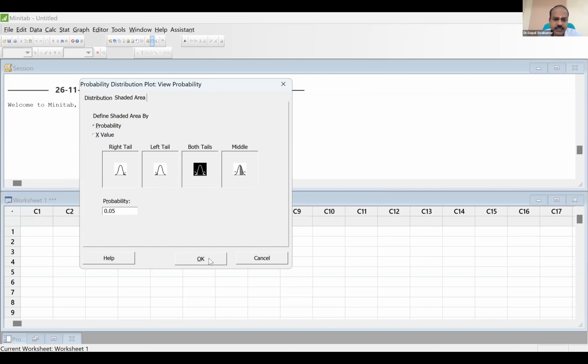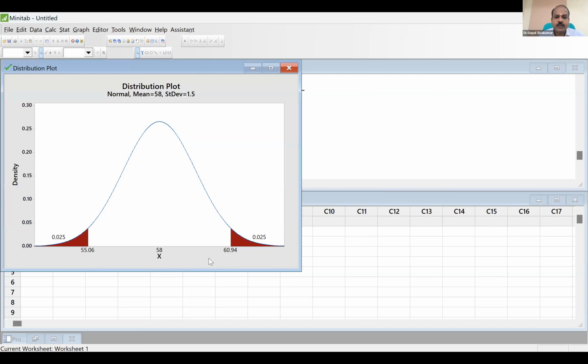I'm choosing both tails, okay. Now what do you see here? When Virat Kohli has an average of 58 and a standard deviation of 1.5, some value, the 95% confidence limits are 61 this side, 55 this side. Can you see that?